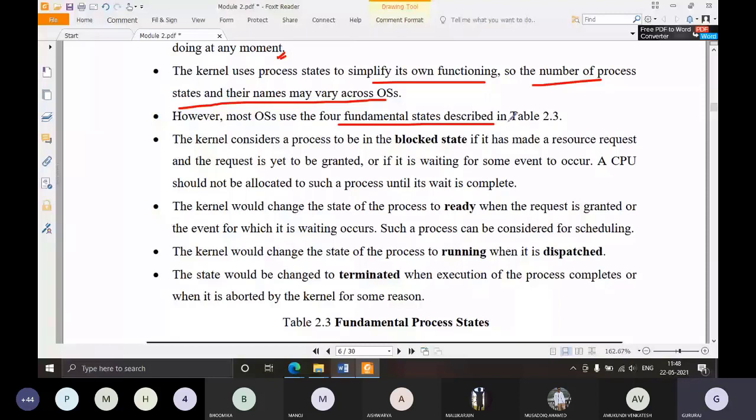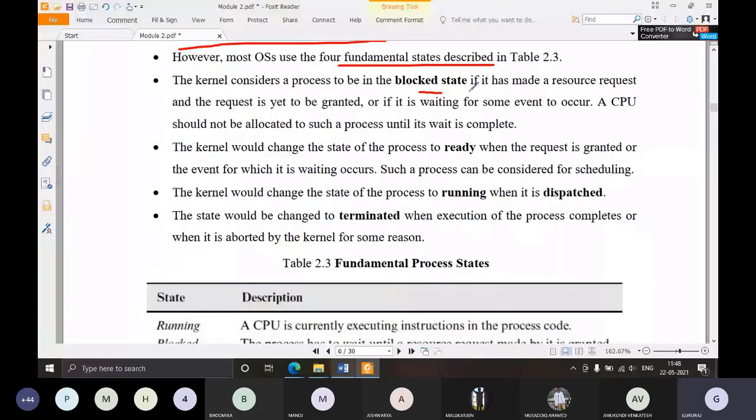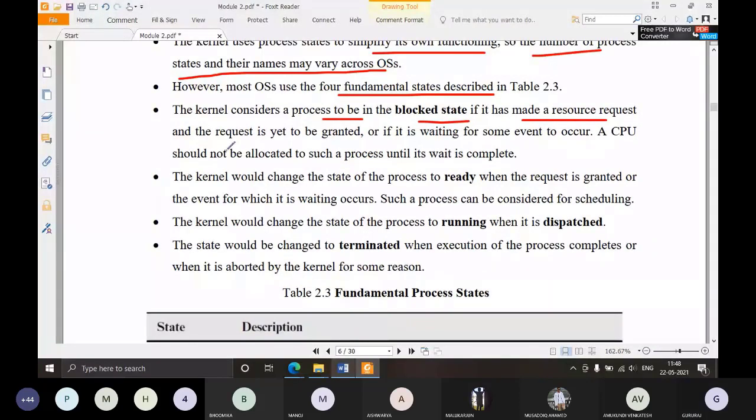First fundamental state is blocked state. A kernel considers a process to be blocked if it made a resource request and the request is yet to be granted. One possibility is it made a resource request, for example, a request for granting 10 MB of space by the OS.